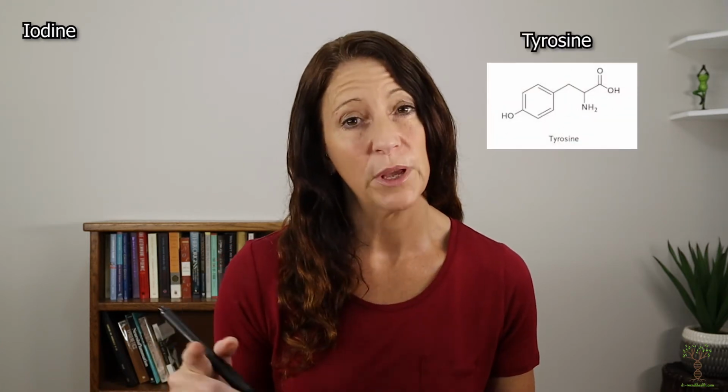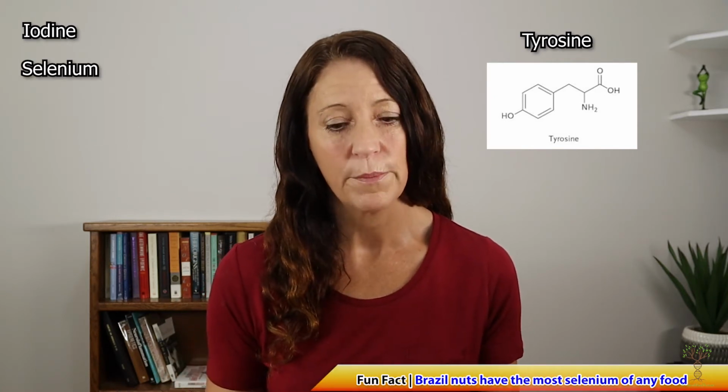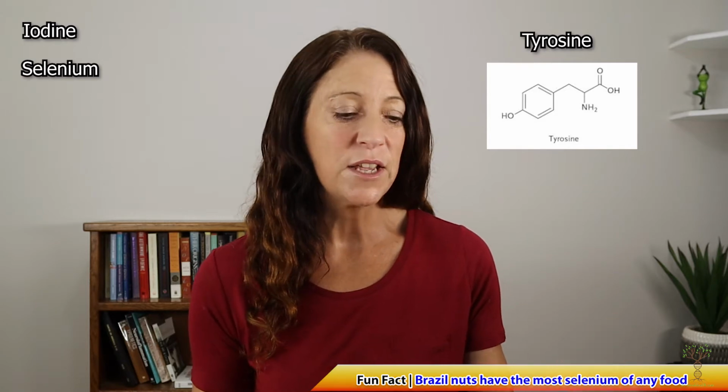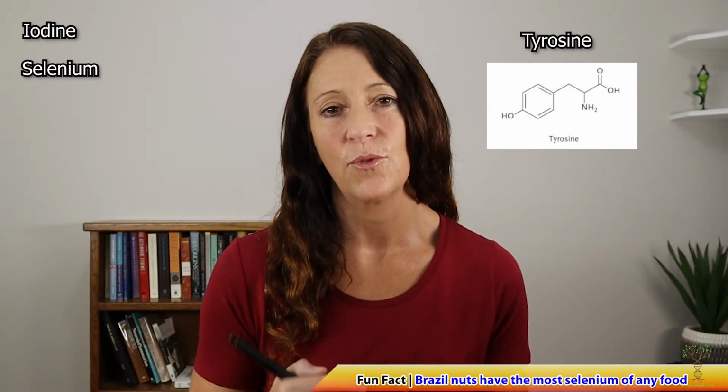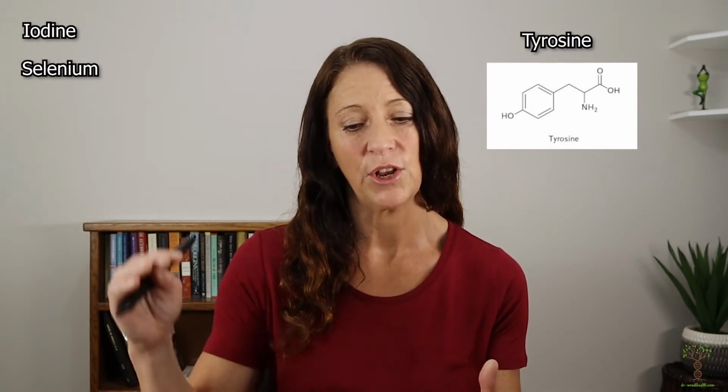The other thing is we use the amino acid tyrosine. And then the other mineral that we require is selenium. Selenium is a really important mineral for converting T4 into T3. T3 is the more active of the 2 thyroid hormones. So if you don't have selenium to convert it, you won't have enough active T3.